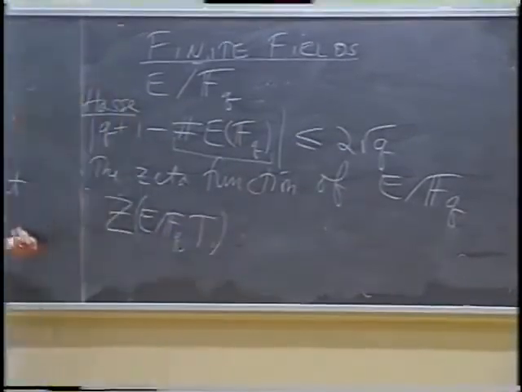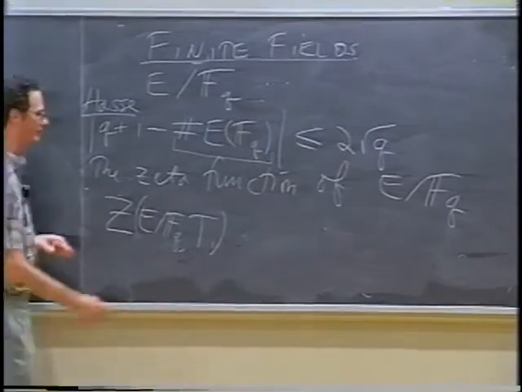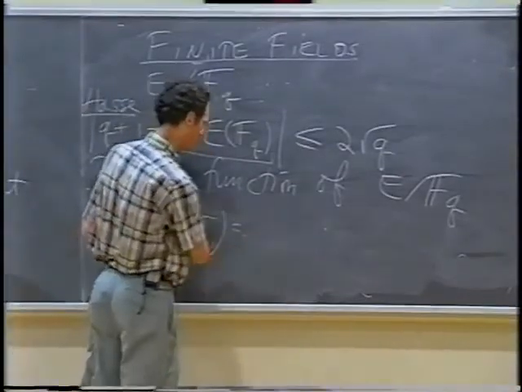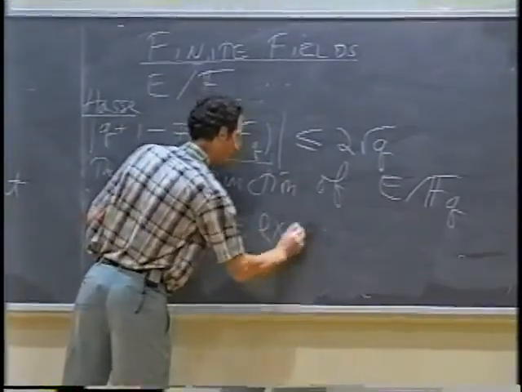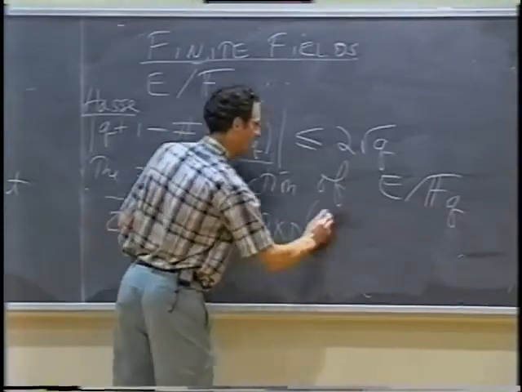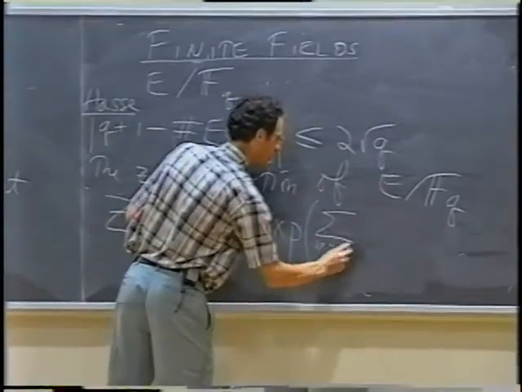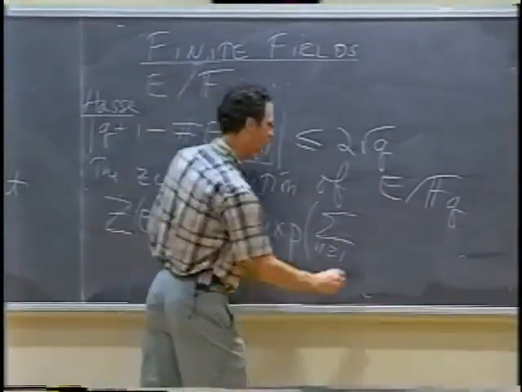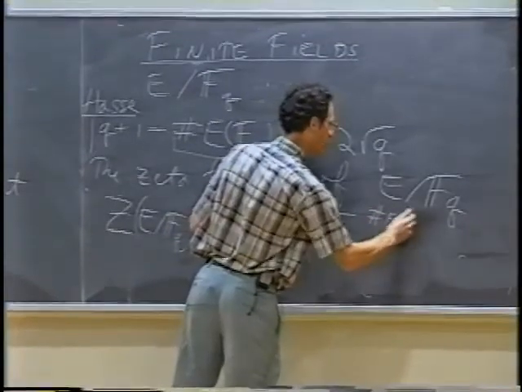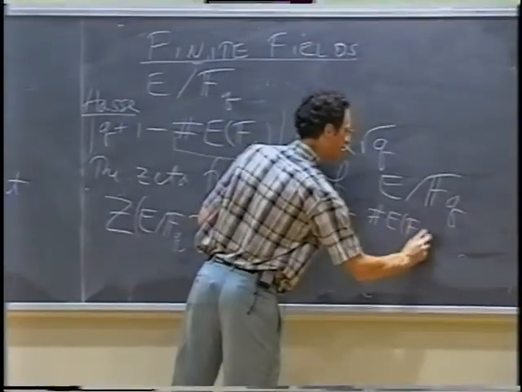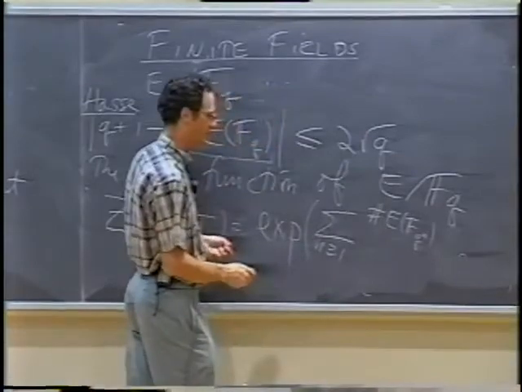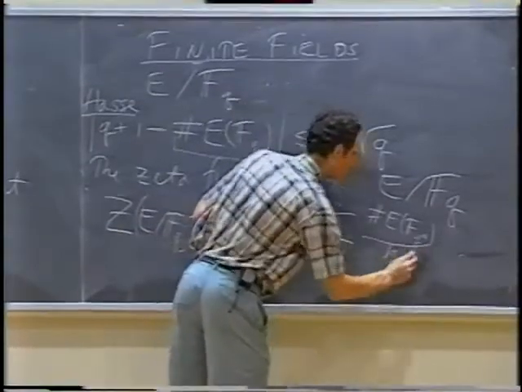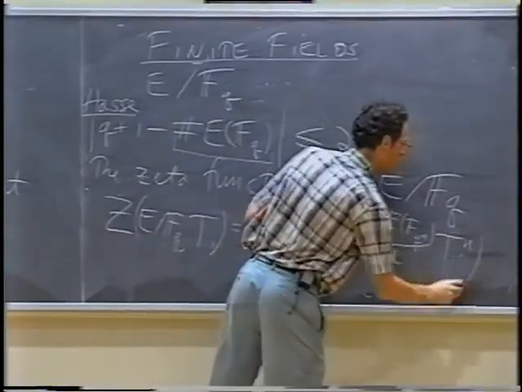It's a function, so T is the variable, is e raised to the sum over n greater than or equal to 1. You take the number of points defined over the field with q to the n elements, you divide by n, and you take T to the n.